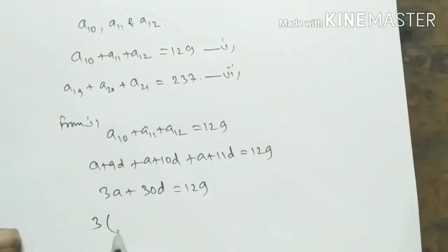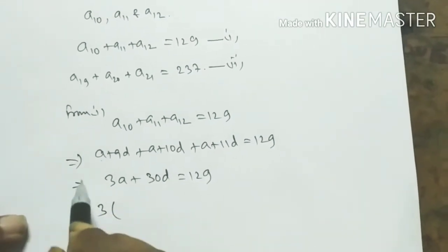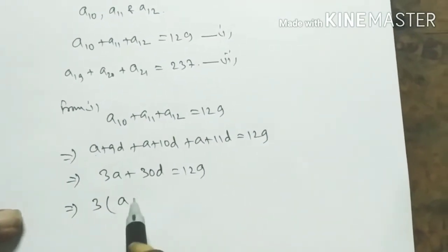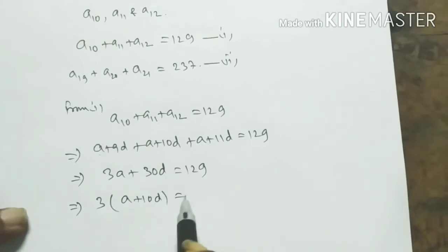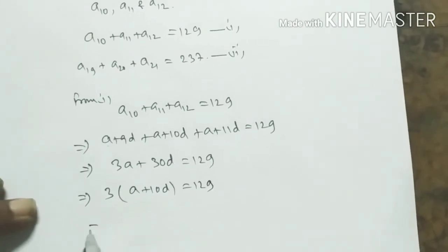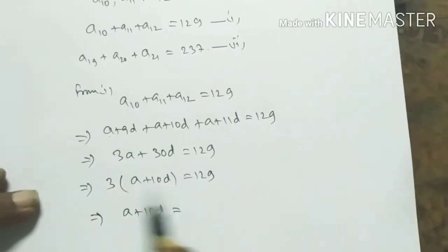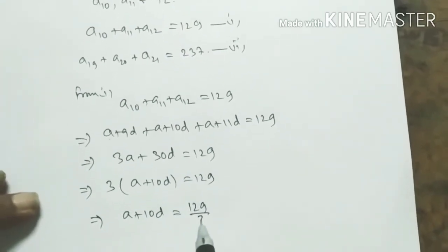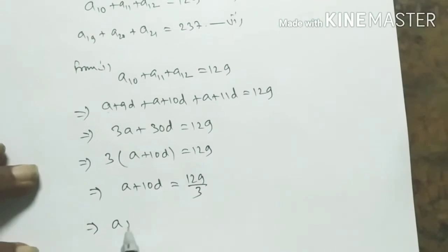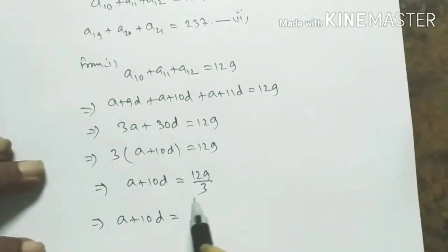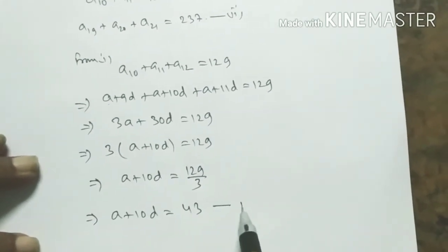Let me take 3 common: 3 (A plus 10D) is equal to 129. Therefore A plus 10D is equal to 129 divided by 3, that is 43. This is equation number 3.